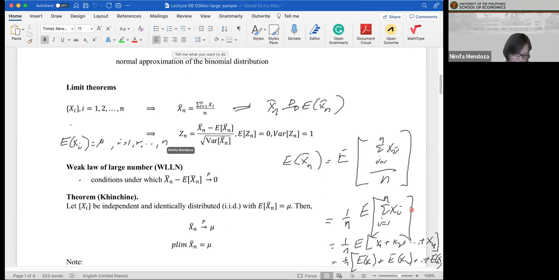So the mean does not depend on n, then that would just be 1 over n times n mu, which is mu. So this is equal to mu.